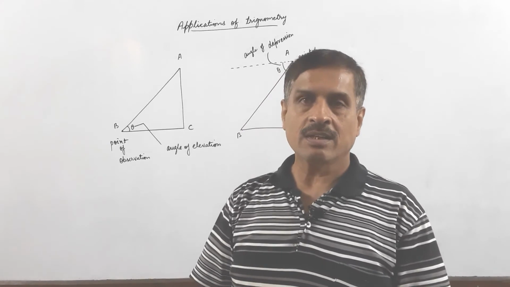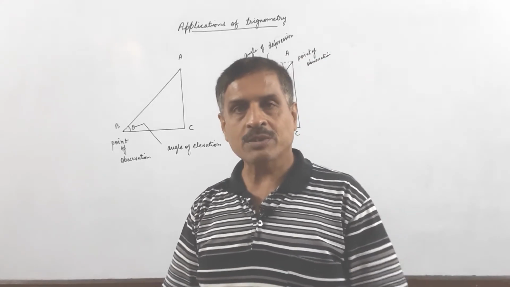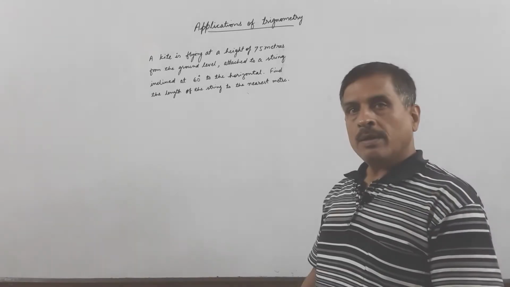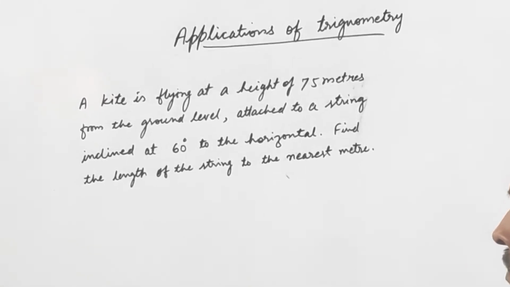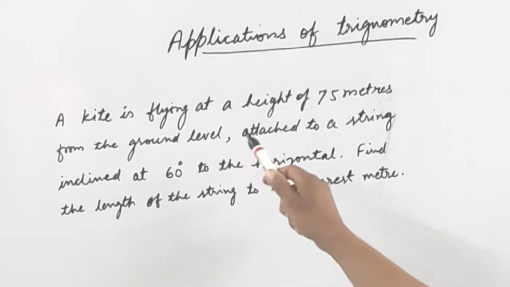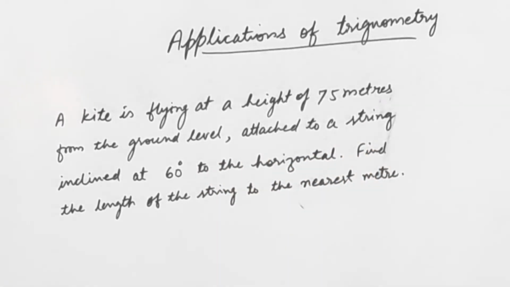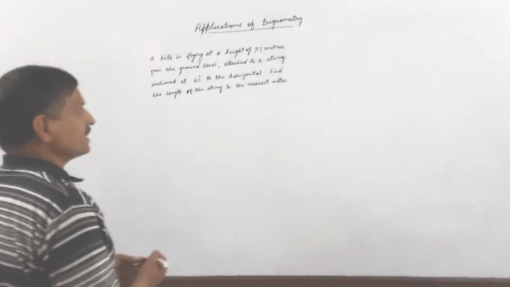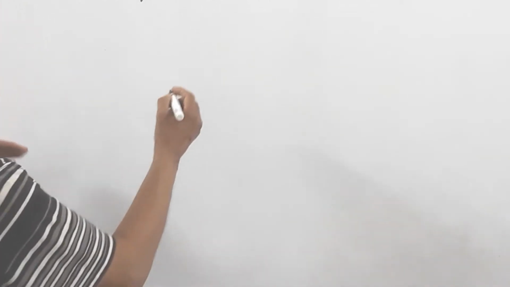Now we will consider some problems based on this concept. In this question, a kite is flying at a height of 75 meters from the ground level, attached to a string inclined at 60 degrees to the horizontal. Find the length of the string to the nearest meter. First we consider a right angle triangle.